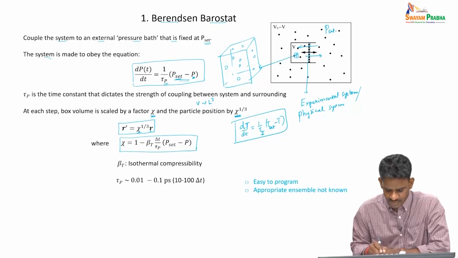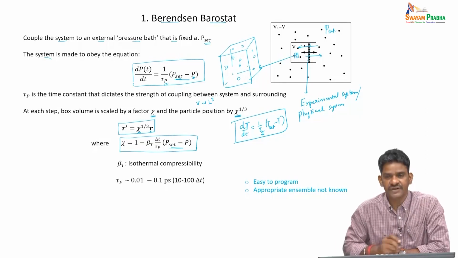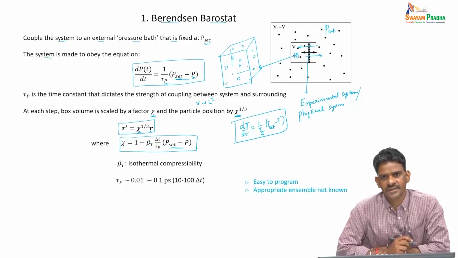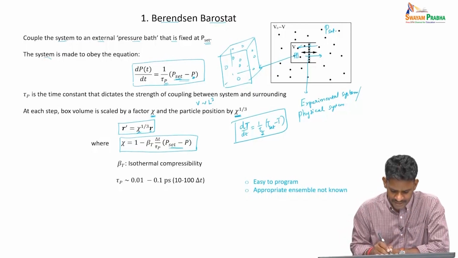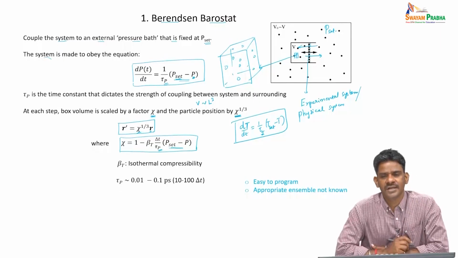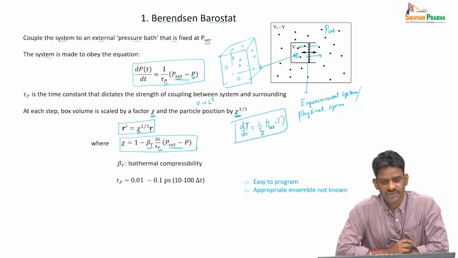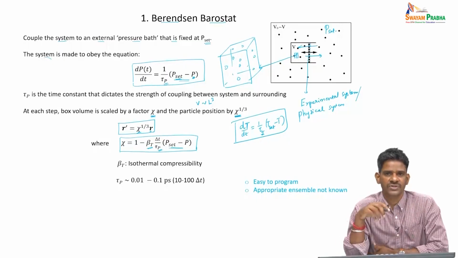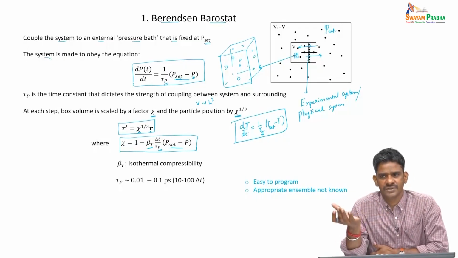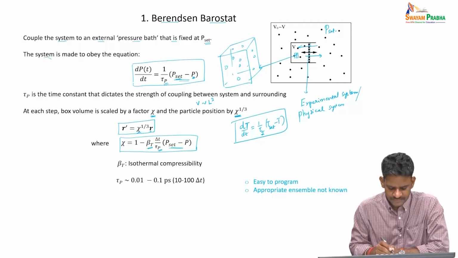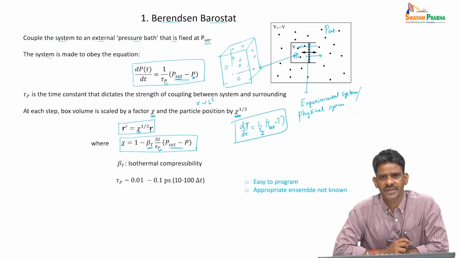You can see that this is proportional to how much difference there is in the pressures between the set pressure and the instantaneous pressure, and it also has this time constant that dictates at what rate this pressure should catch up, and then it also has this proportionality constant known as isothermal compressibility. So, if you know something about the system's behavior, if you are simulating water or ethanol, and if you know the compressibility factor, that can be used here to define this parameter chi.